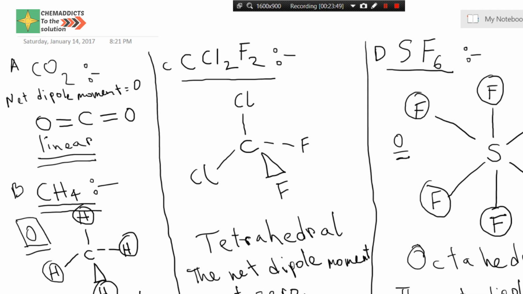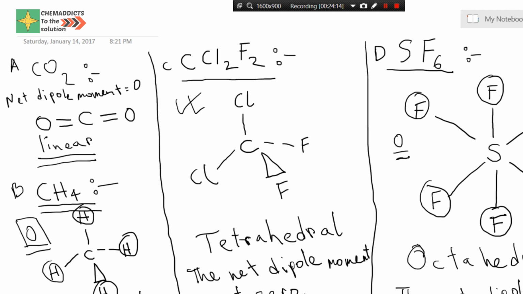I hope you have understood the main difference, the main speciality of this molecule compared to the other molecules. This molecule is special, and we need to choose it for our answer.